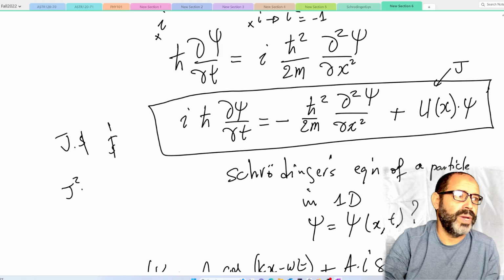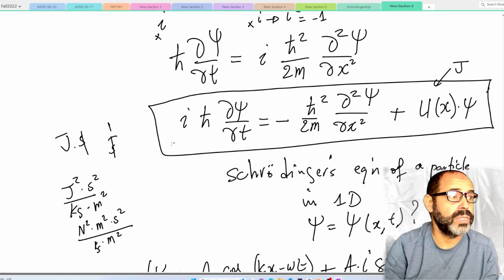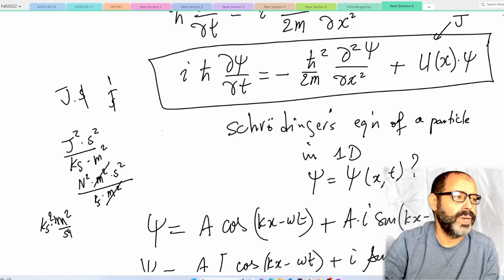H bar squared is a joule squared, second squared, divided by a kilogram and meter squared. Remember, a joule is a Newton, meter, divided by... I'm just doing dimensional analysis to make sure that this equation makes sense. Of course, the meter squared and the meter squared cancel, and the Newton squared is kilogram squared, meter squared, divided by second to the power 4, because a Newton is a kilogram meter per second squared, and times second squared in here, divided by a kilogram.